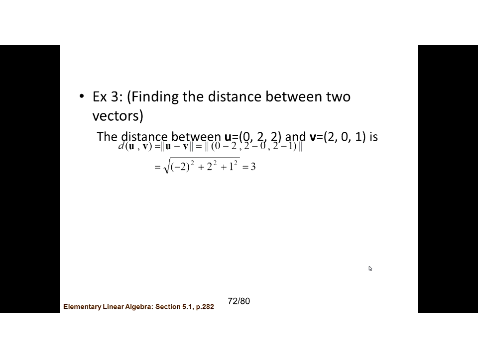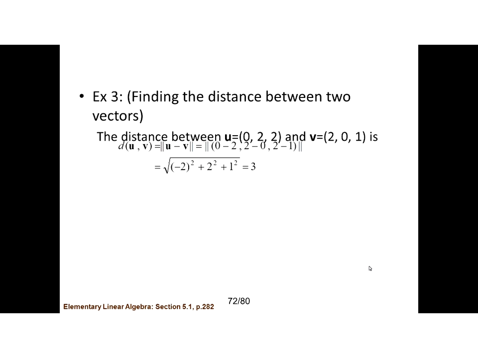Find the distance between two vectors. The vector u is given as (0, 2, 2), and the vector v is given as (2, 0, 1). So the distance between u and v is the norm of u minus v: the norm of (0 minus 2, 2 minus 0, 2 minus 1).